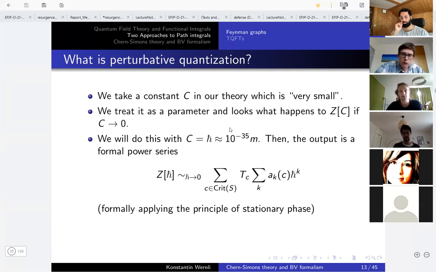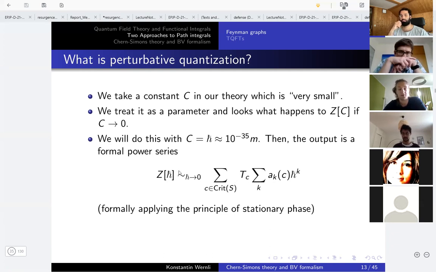And for us, we'll do this with the Planck constant. So with physics, physicists usually do it with the coupling constant, actually, but it's more or less the equivalent. And so when you look at asymptotics of an oscillating integral of this general form, you'll obtain a formal power series like that, describing the asymptotics.